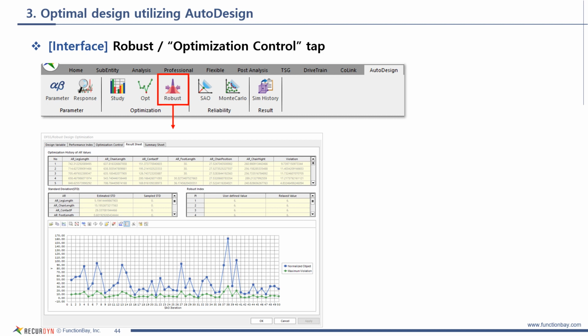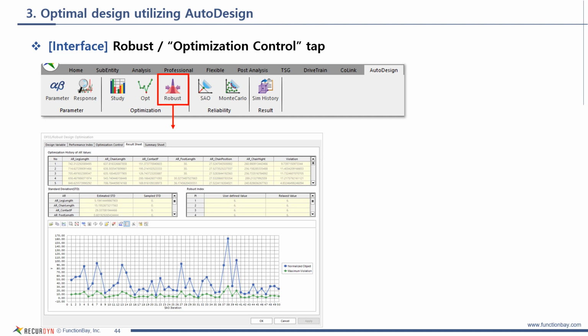The estimated STD is the result calculated using the meta model, while the sampled STD is the result calculated using the actual model. In this example, since the DFSS option was set to none for validation, the sampled STD values are all shown as 0.